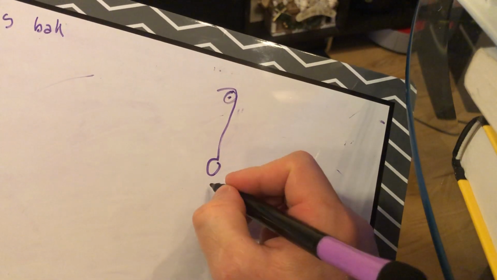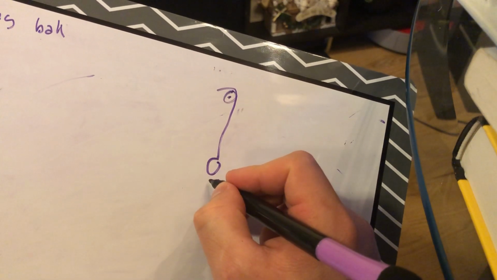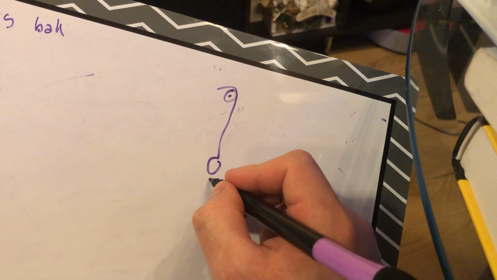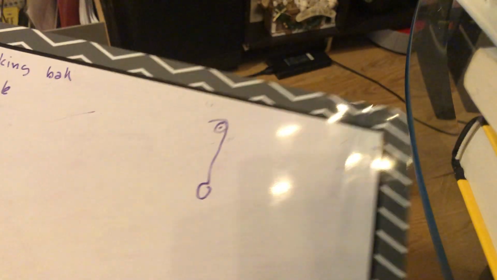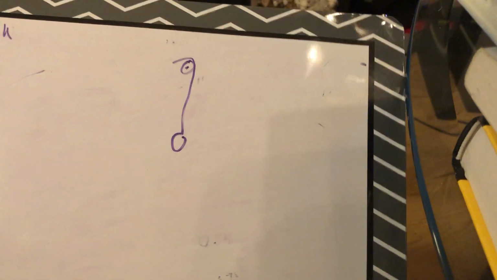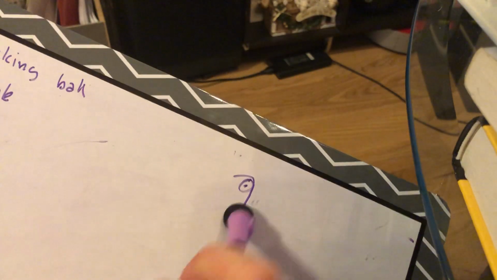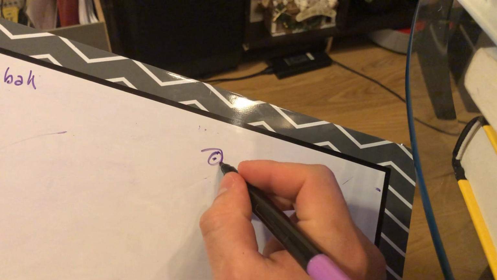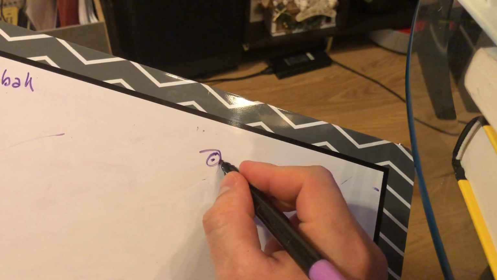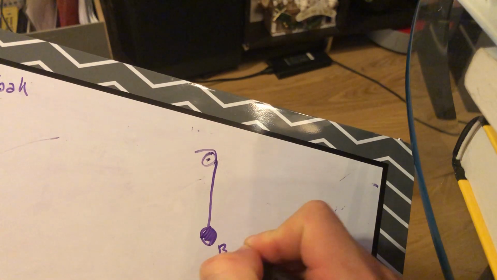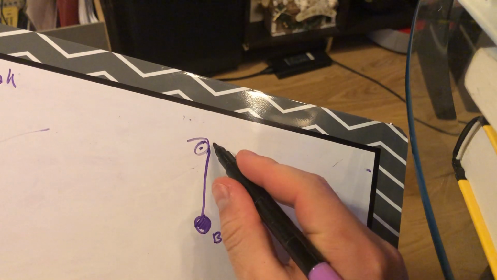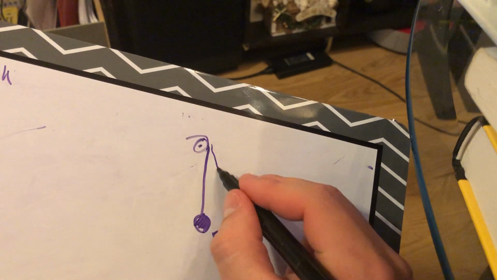Right? Can we call that B? No, we can't call that B. Let me do the actual drawing of the thing. So that is going to be like here. And then that's a little lighter.